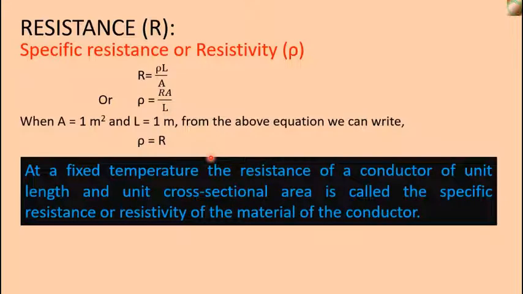At a fixed temperature, the resistance of a conductor of unit length and unit cross-sectional area is called the specific resistance or resistivity of the material of the conductor. That is, if we consider a conductor whose cross-sectional area is 1 meter square and length is 1 meter, then the resistance of that conductor is the resistivity or specific resistance of the material of that conductor.